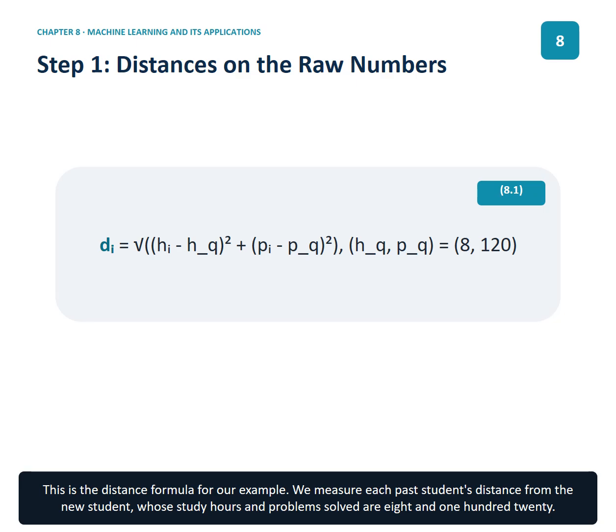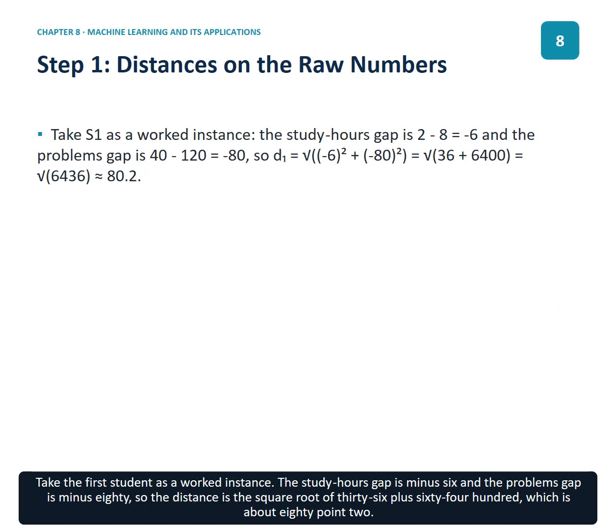We measure each past student's distance from the new student whose study hours and problems solved are 8 and 120. Take the first student as a worked instance. The study hours gap is -6 and the problems gap is -80. So the distance is the square root of 36 plus 6400, which is about 80.2.